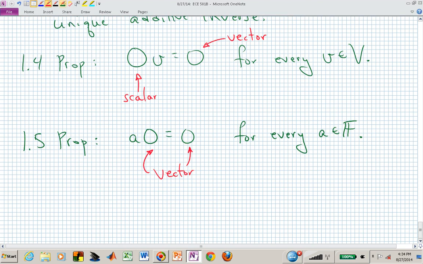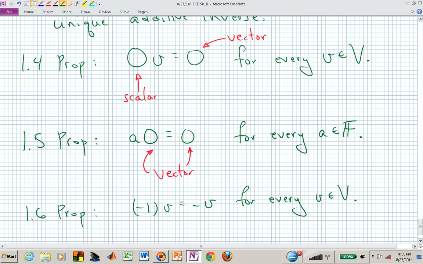Proposition 1.6. The scalar minus 1 times the vector v, we will let that be minus v, for every v in our vector space, capital V. It may be difficult to tell what I'm saying, so little v, lowercase v, is a vector.